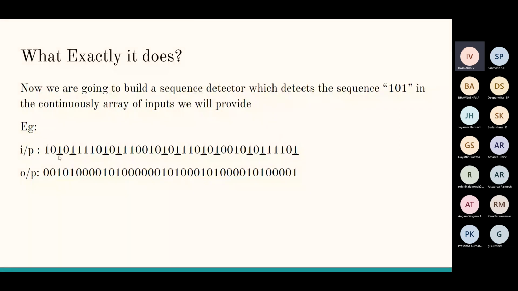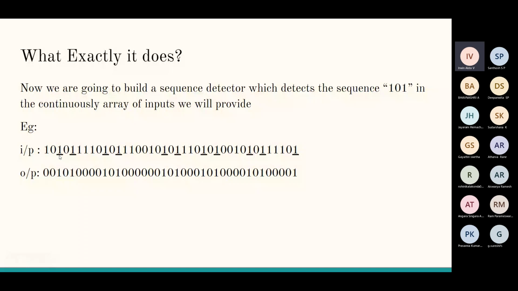I have underlined the digit where the last three digits correspond to 101. Correspondingly, I have written the output as 1, and in the rest of the cases, the output given by the sequential circuit should be 0.